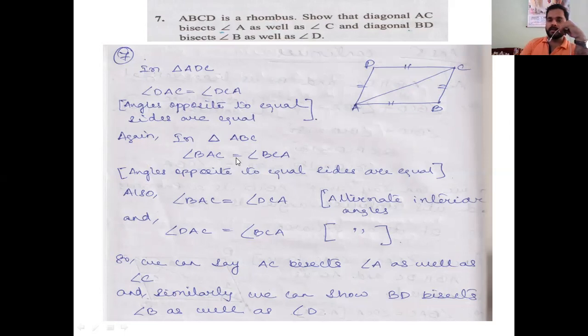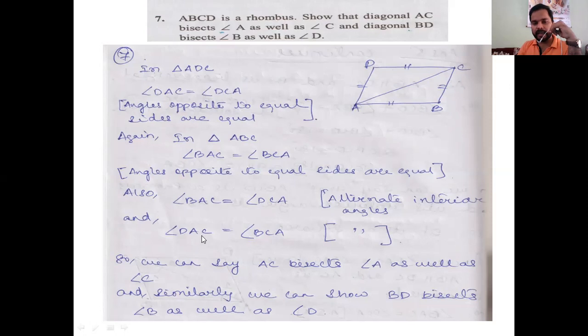But as it is a rhombus and AC is a transversal, their alternate angles will also be equal. So you see, BAC was equal to BCA, because two sides were equal. But BAC is also equal to DCA, alternate interior angles. And DAC was equal to DCA.